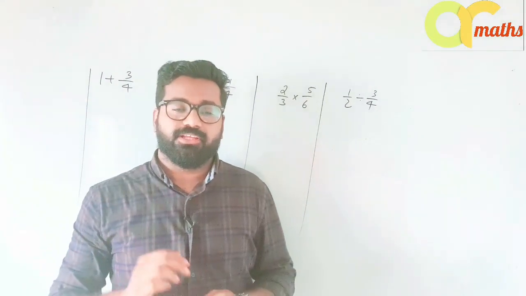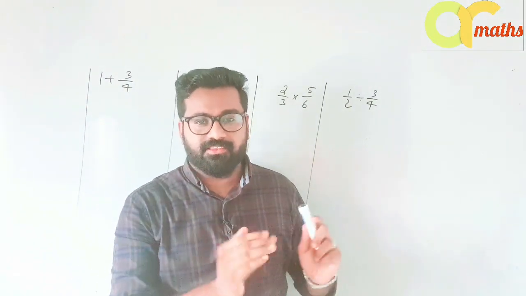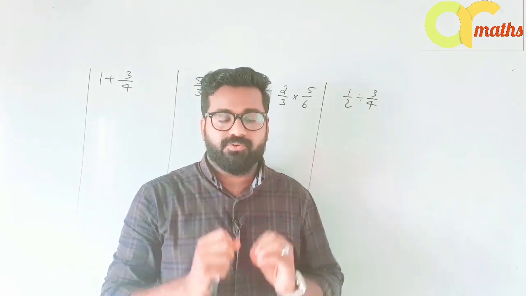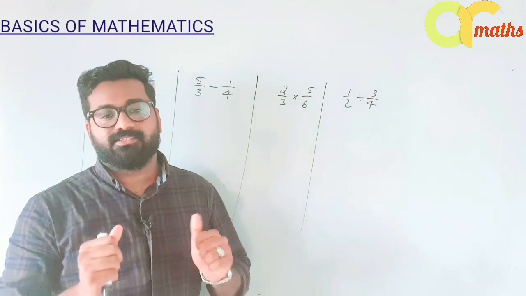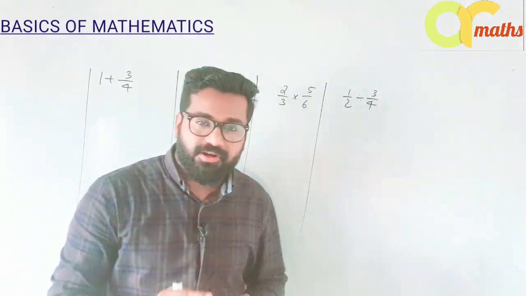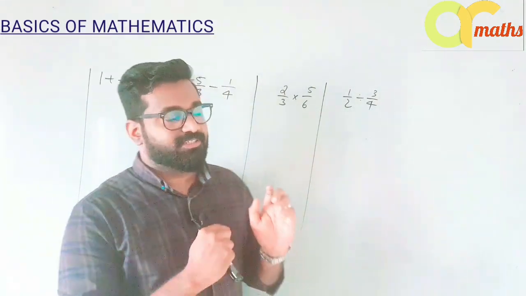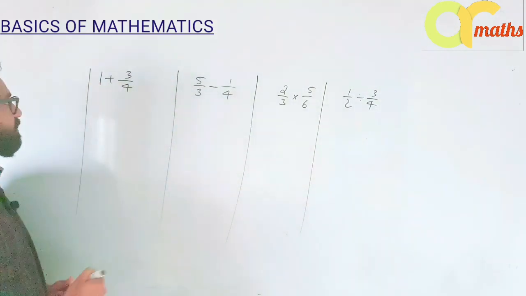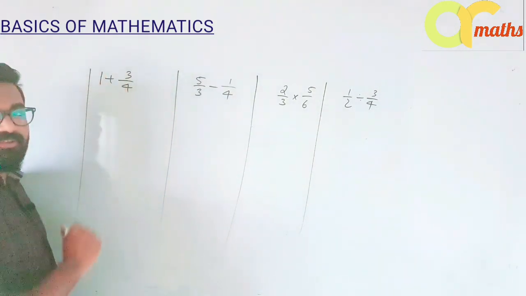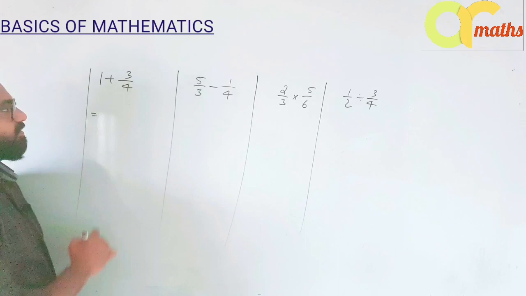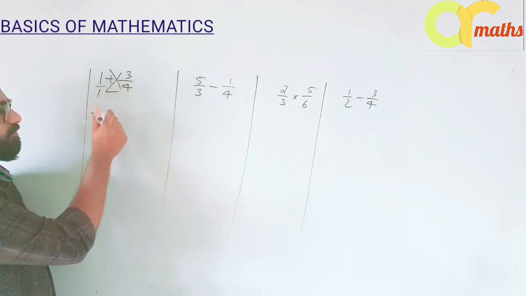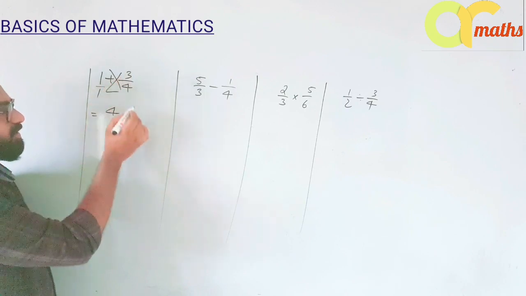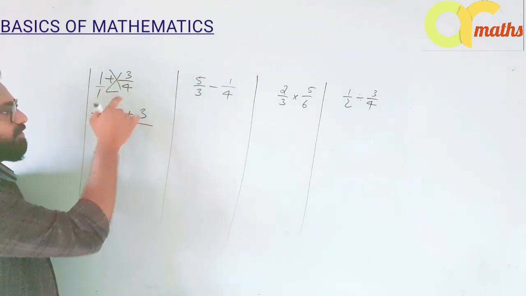Clear? Okay, listen. Before entering this chapter, we have to learn some basics of mathematics, that is addition, subtraction, multiplication, division. So, listen here. How to find 1 plus 3 by 4? By cross multiplication. 1 into 4, 4, plus 1 into 3, 3, all divided by 1 into 4, 4.